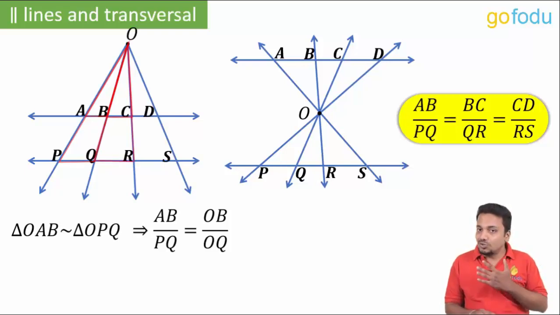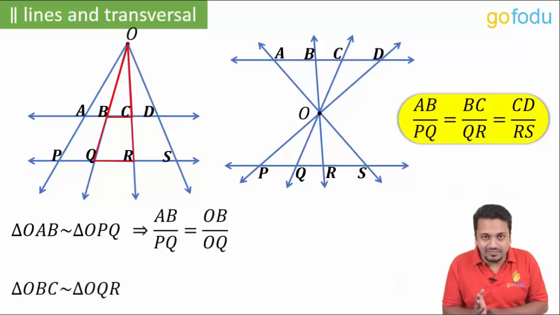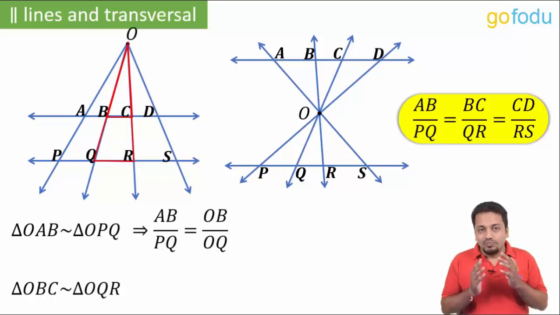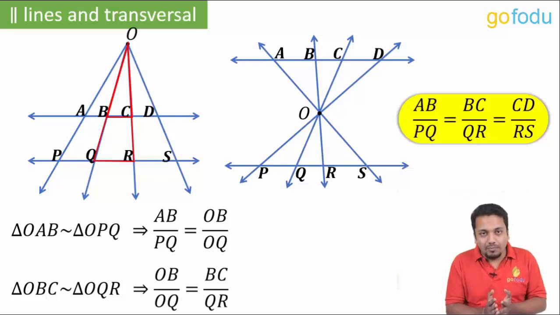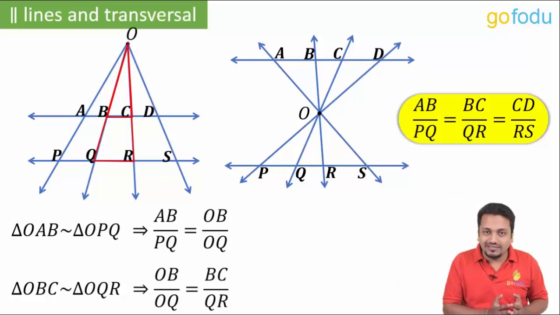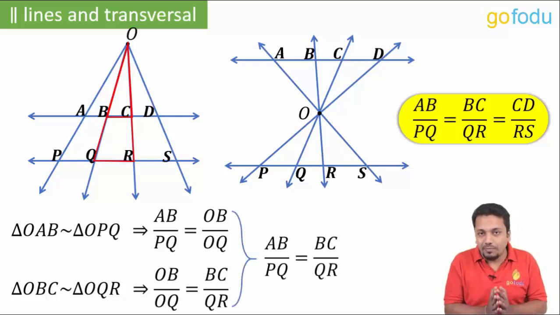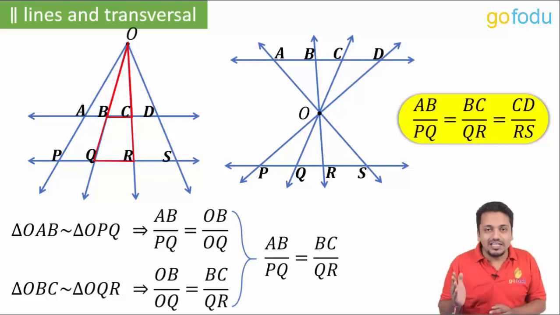Similarly, if we take these two triangles, OBC and OQR, they will also be similar. So we can say OB upon OQ is equal to BC upon QR, and combining these two obtained results, this will give us AB upon PQ is equal to BC upon QR.